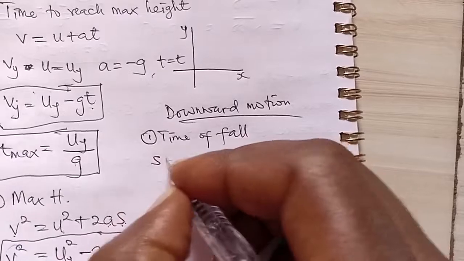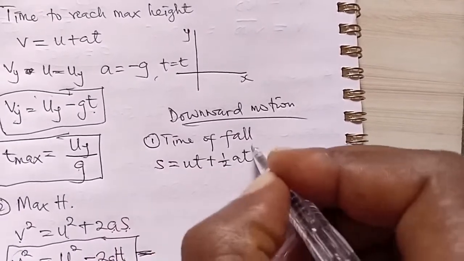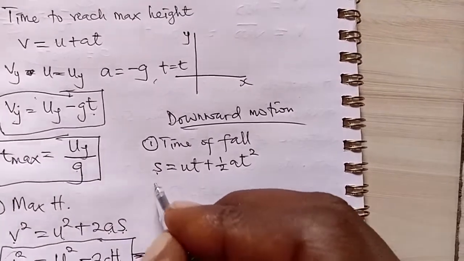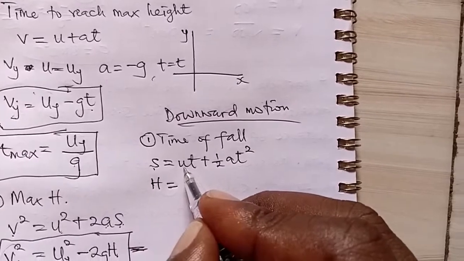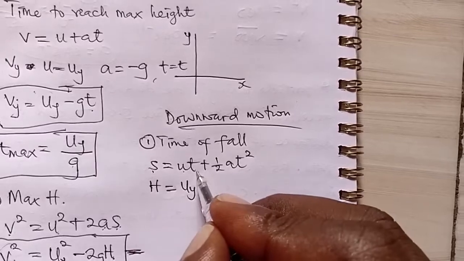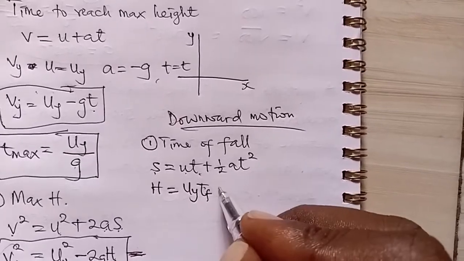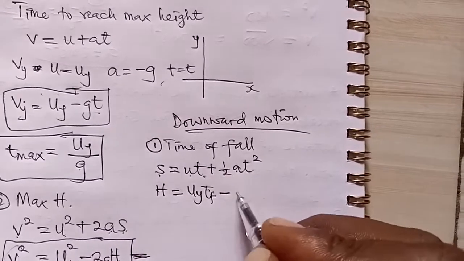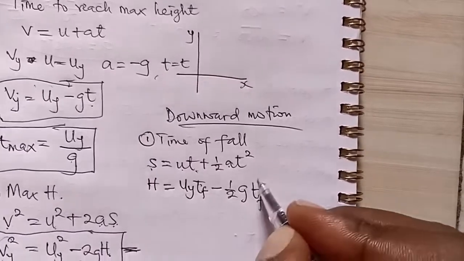So if we use the formula that says ut plus half at squared, now remember, it is falling, so this is h equal to uy times t, where t is now the time of fall, tf. Now this is minus g, so it will affect all of this: minus half g tf squared.